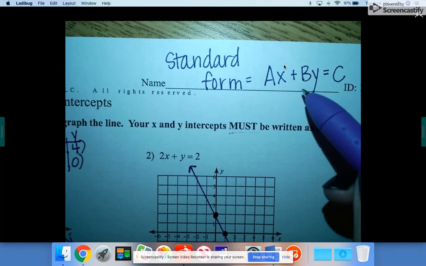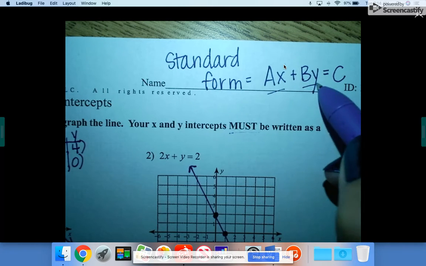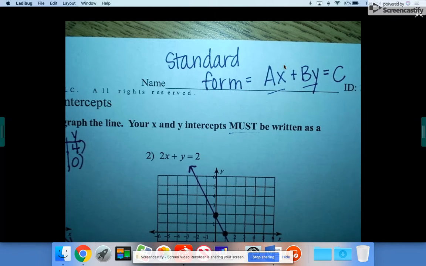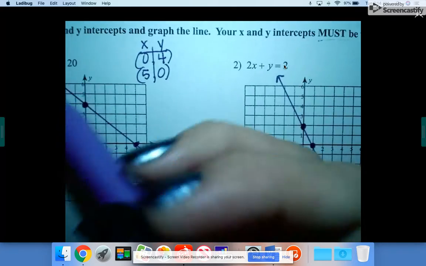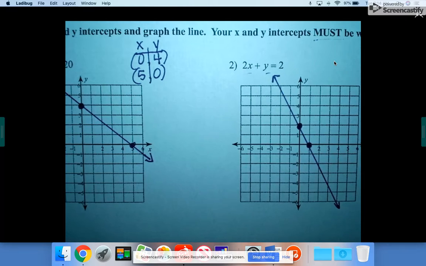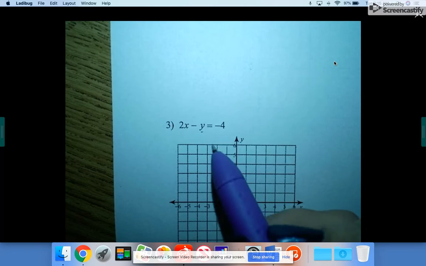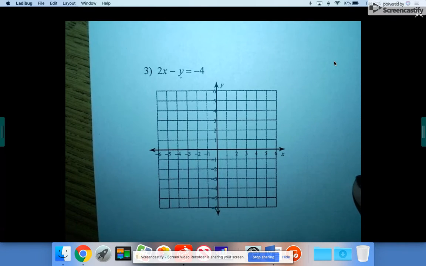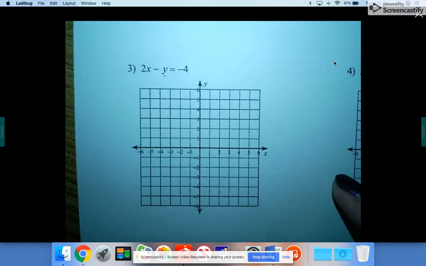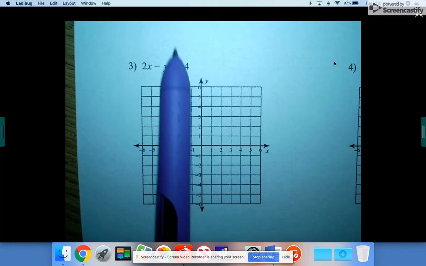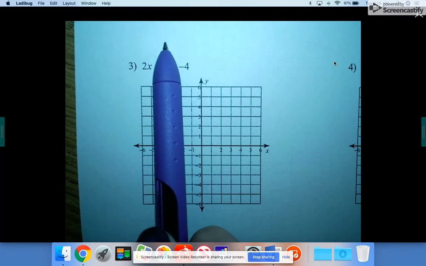All this means is that the x and the y are on the same side of the equals. So what you'll notice here is that x and y are on the same side in each of these. You can only do the cover-up trick if x and y are on the same side. Okay, so to find the x-intercept, cover up y.